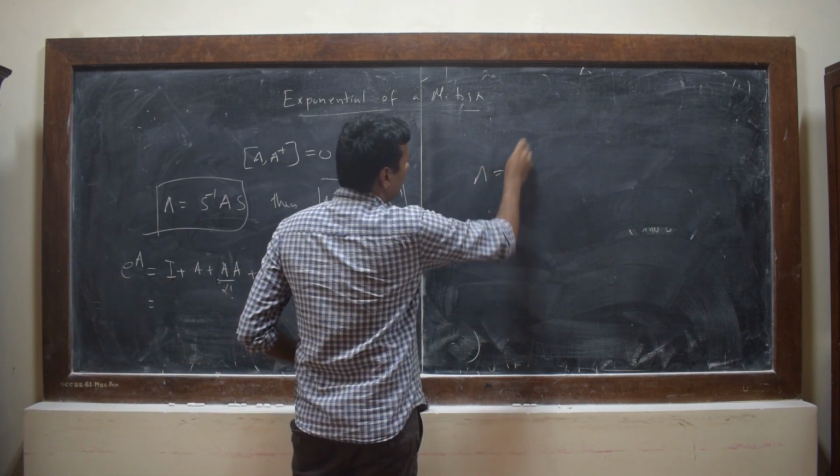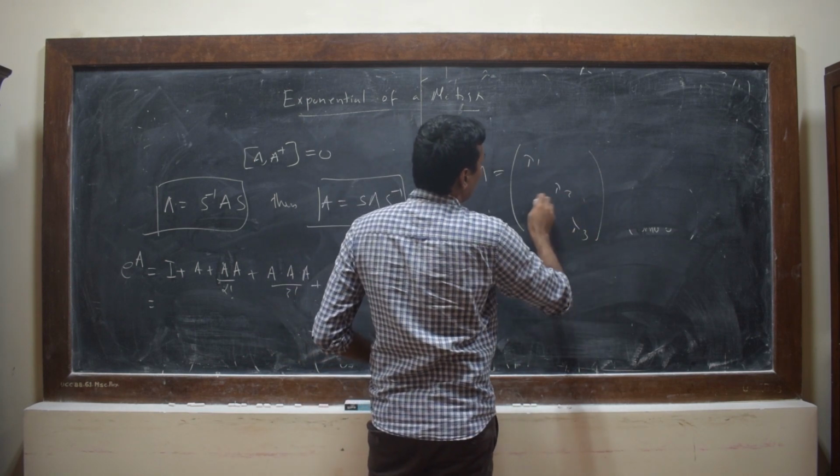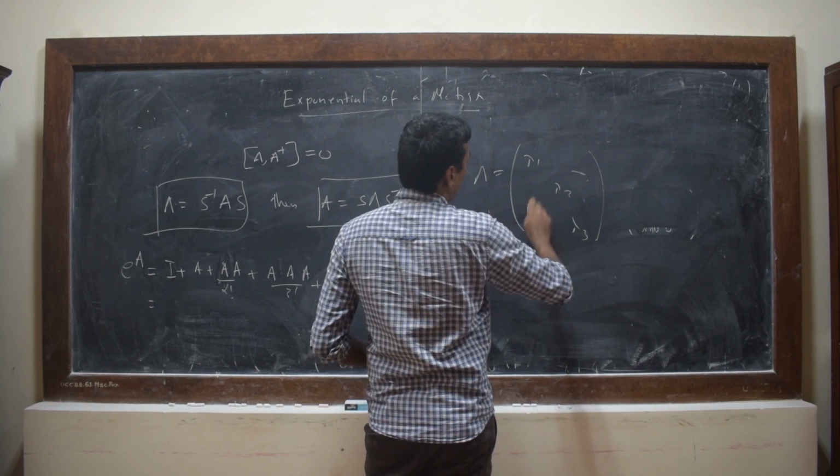When you diagonalize the matrix, you will get lambda 1, lambda 2, lambda 3, the eigenvalues as the diagonal elements, and all other elements will be 0.